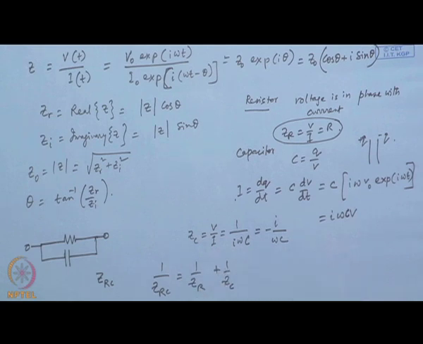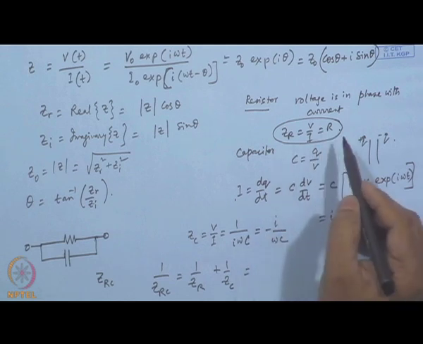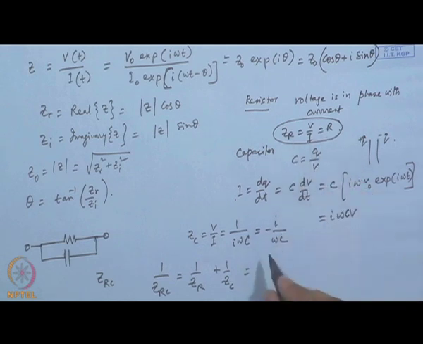So, this gives 1 by ZR, which would be 1 by R, and 1 by ZC would be i omega C, because omega C goes to the numerator.